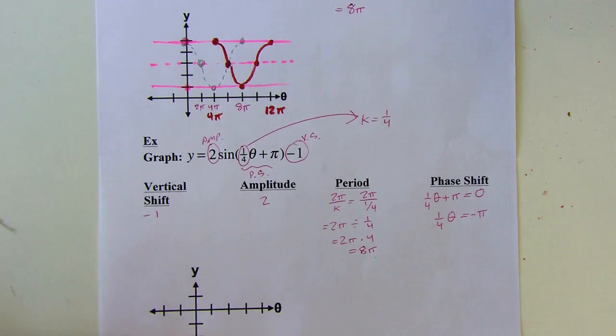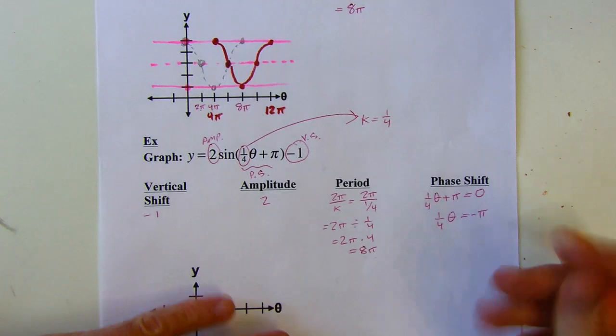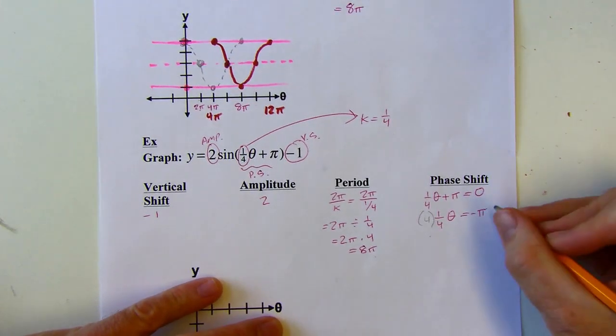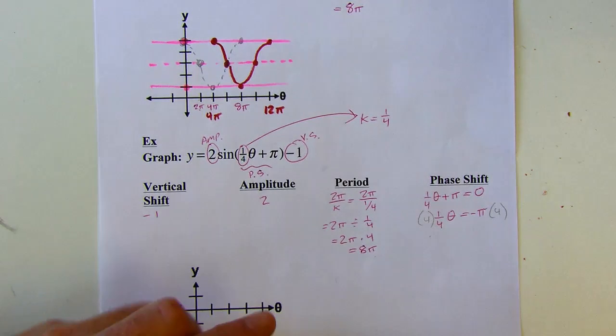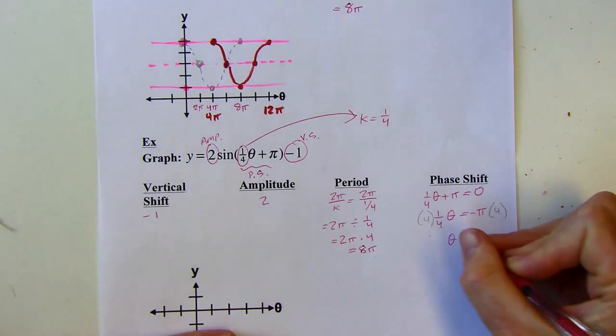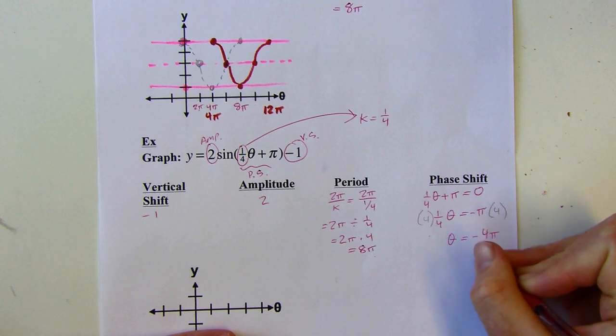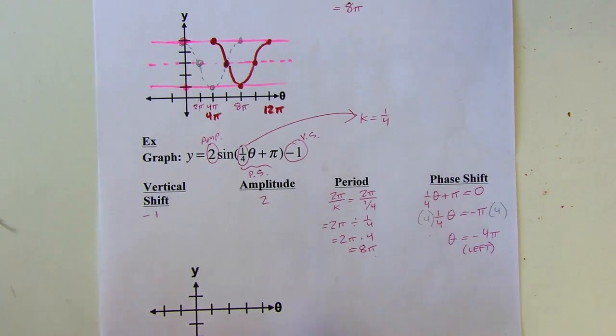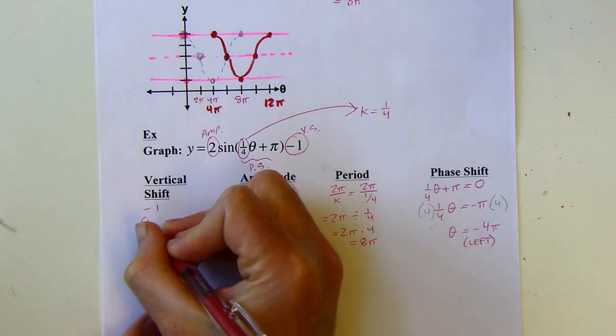Okay, and then to get theta by itself, I'm going to multiply both sides by 4, because 4 times 1/4 is 1, right? So then theta will equal -4 pi, and that means I'm going to be moving my graph left this time. Okay, the vertical shift, that means down that much.